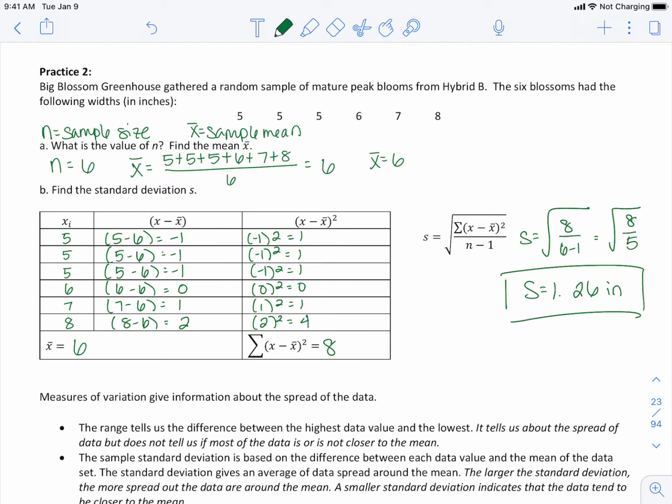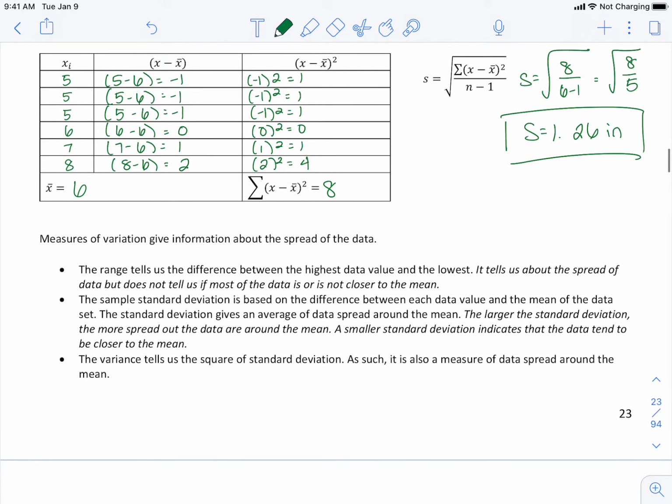Measures of variation give information about the spread of data. The range tells us the difference between the highest data value and the lowest. It tells us about the spread of data, but does not tell us if most of the data is or is not closer to the mean. The sample standard deviation is based on the difference between each data value and the mean of the data set.